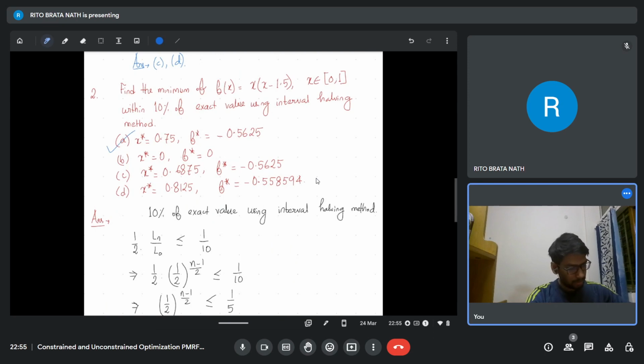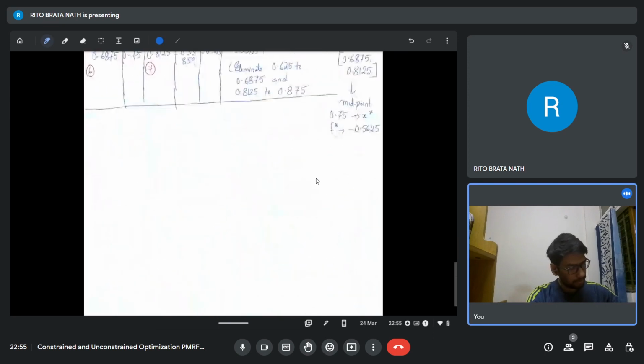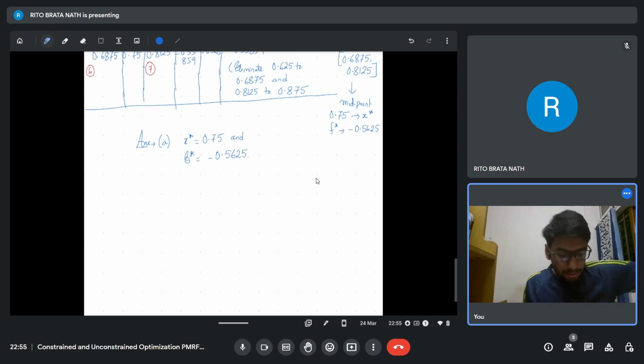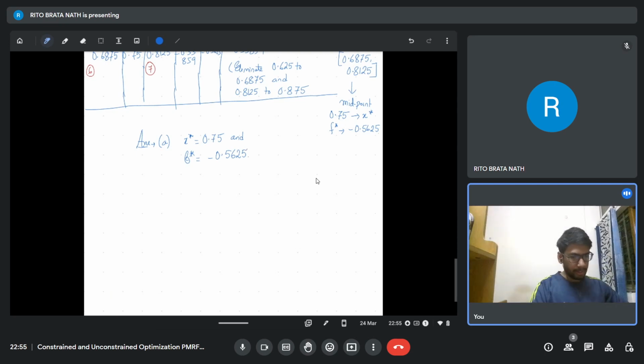I'll just write it down once more: the answer is A, which is x star equals 0.75 and f star equals minus 0.5625. Great. Okay, so that's all about the second problem.